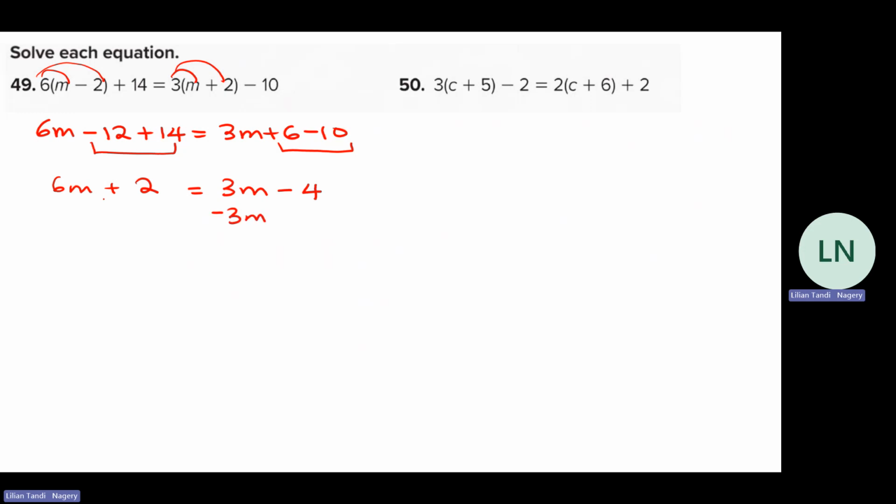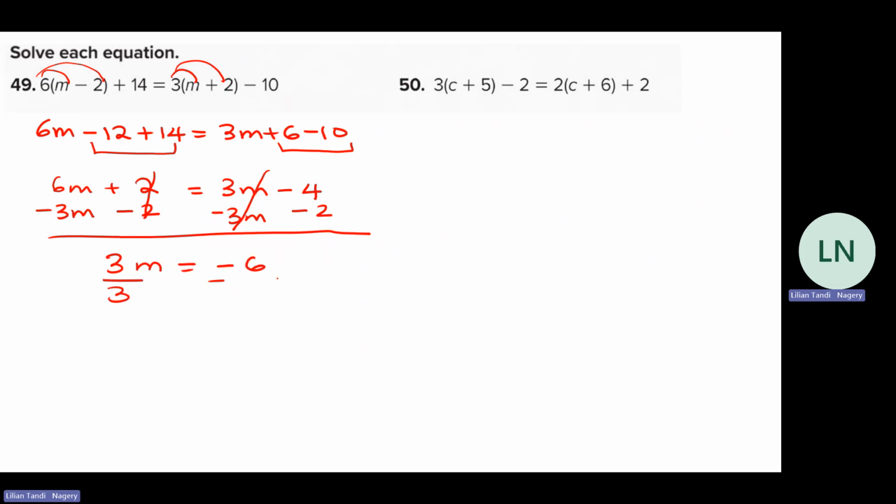Minus 3m, minus 3m, minus 2, minus 2. This goes and this goes. 3m is negative 6. Divide by 3, divide by 3. m is negative 2. Okay?